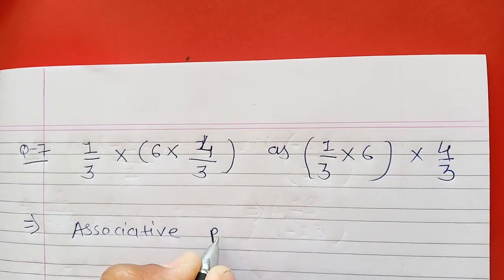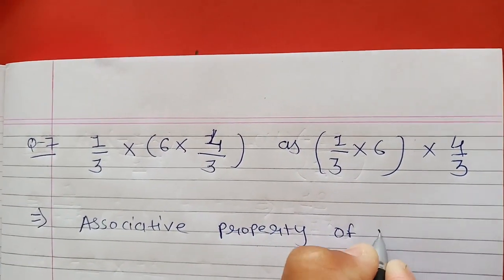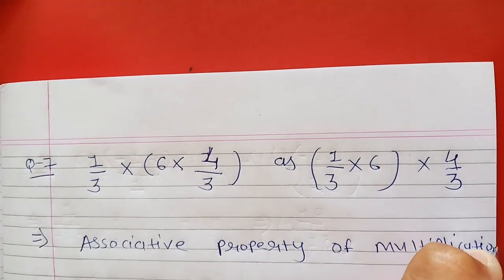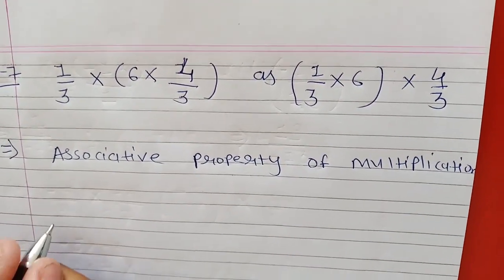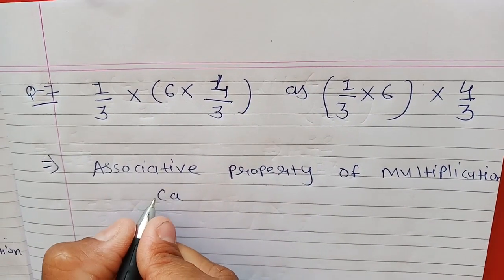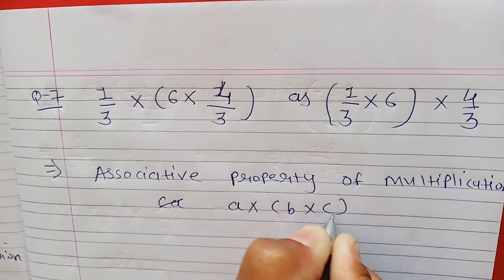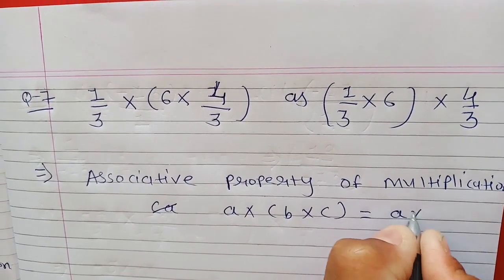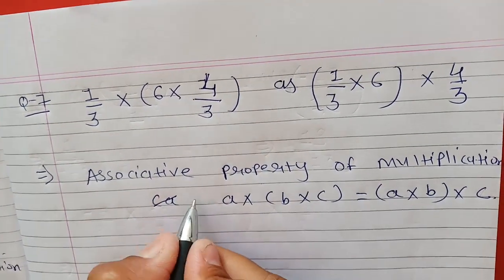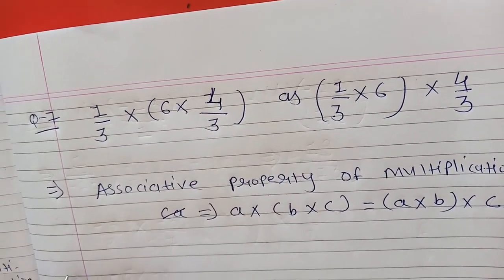Associative property of multiplication. Simply, you know that A multiplied by B multiplied by C gives the same answer as A multiplied by B multiplied by C with the grouping changed. This way you can use it on the same expression given here.